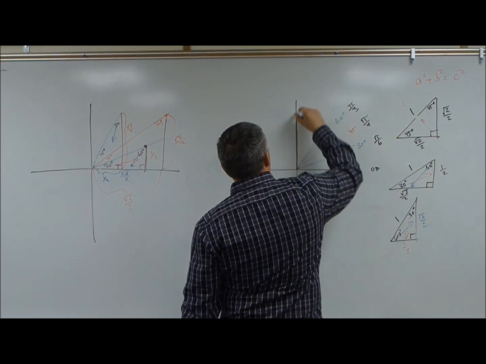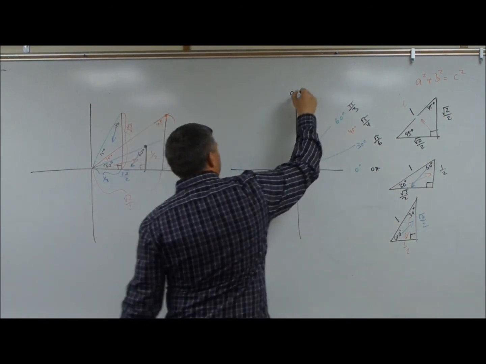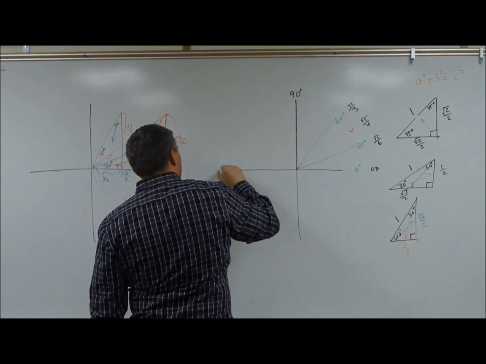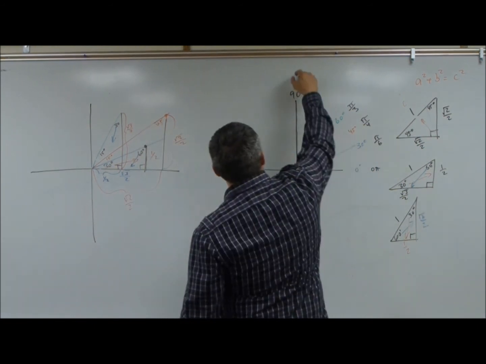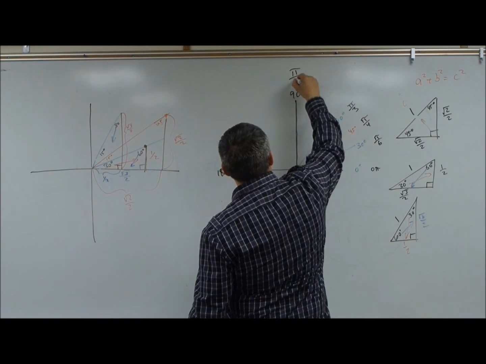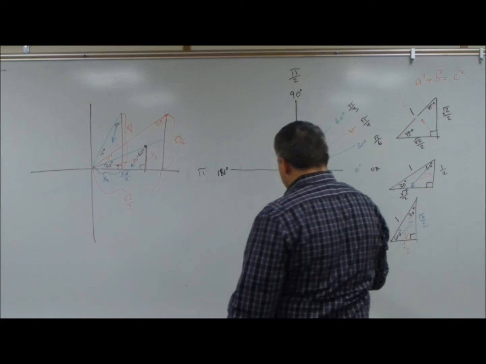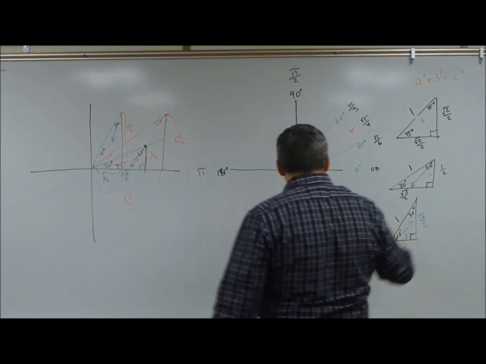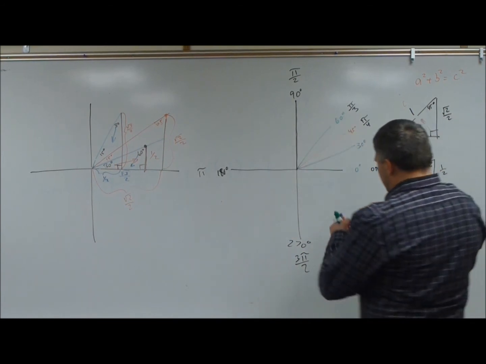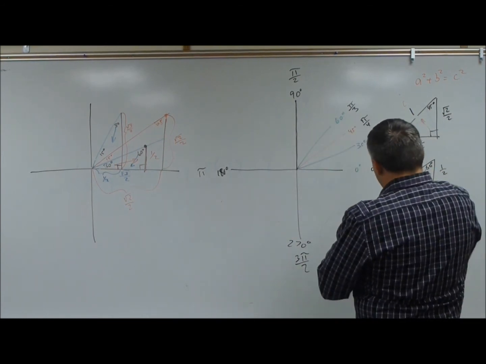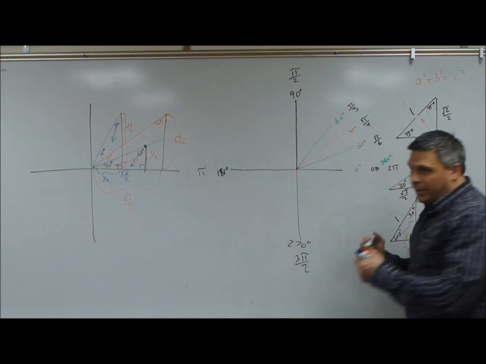Then you have this one, which we know is 90. And we know this is 180. And this is 270. And then this is going to be pi over 2. And this is going to be pi. And this is going to be 3 pi over 2. And this is going to be 2 pi as we come all the way around. And the degrees will be 360 as you come all the way around.